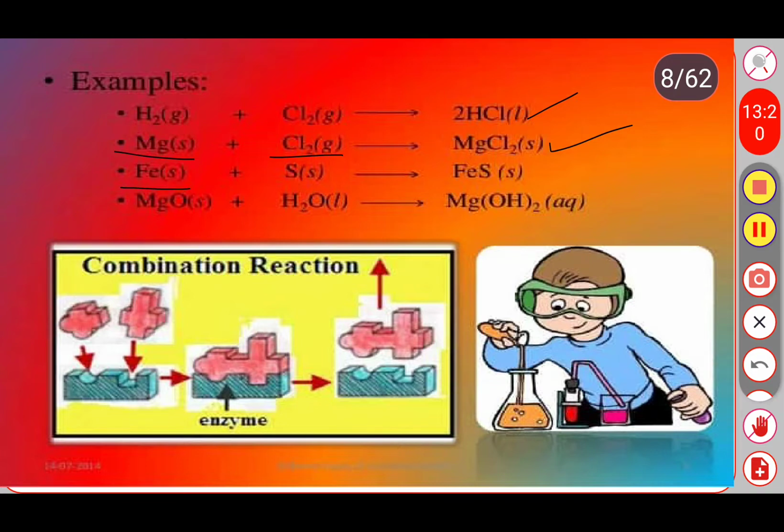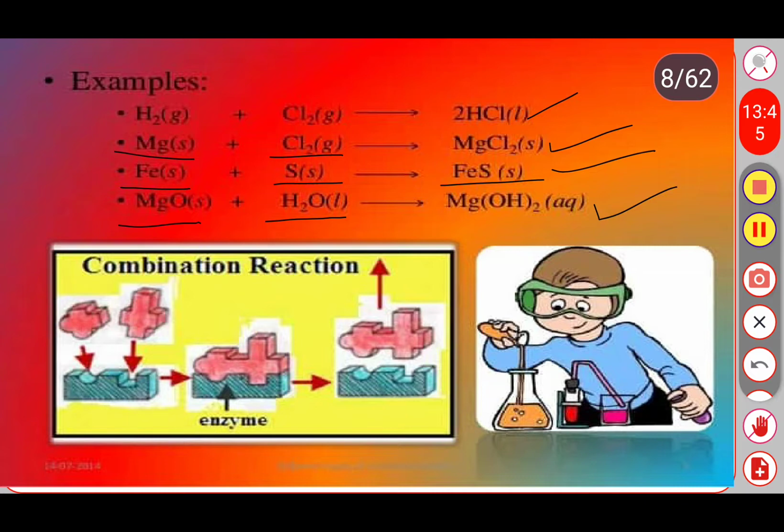When magnesium oxide is combined with water, it forms magnesium hydroxide. So these are all examples of combination reactions. What do you mean by combination reaction? We are combining two or more substances and getting a single product.